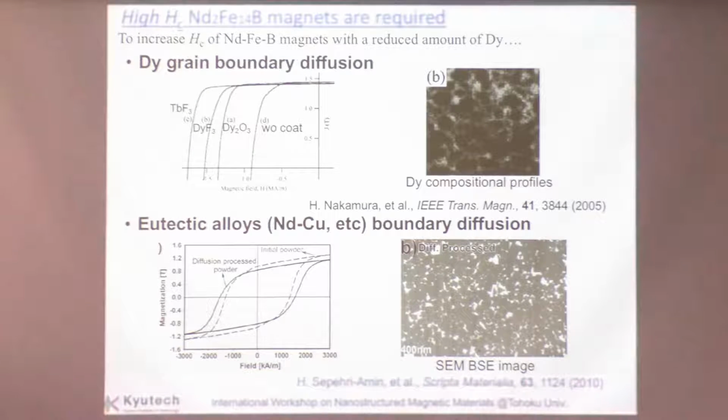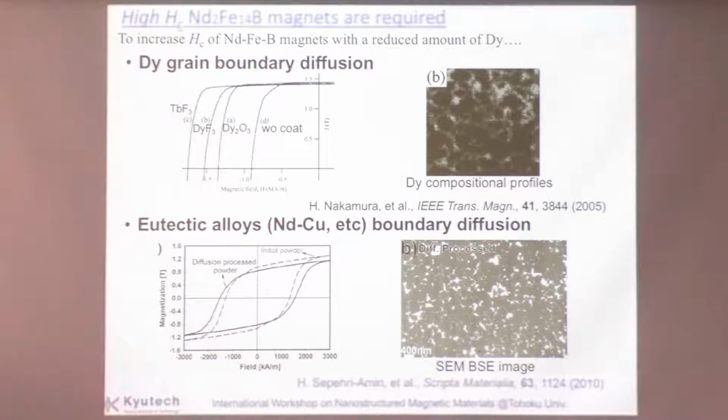One of the important techniques to enhance the coercivity is dysprosium grain boundary diffusion. In this paper, Nakamura's group reported that the coercivity can be enhanced by this technique, like this figure, by using dysprosium or terbium.